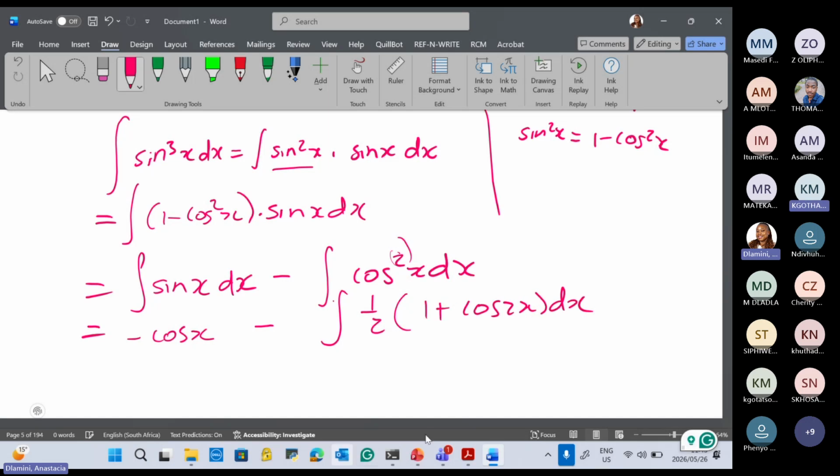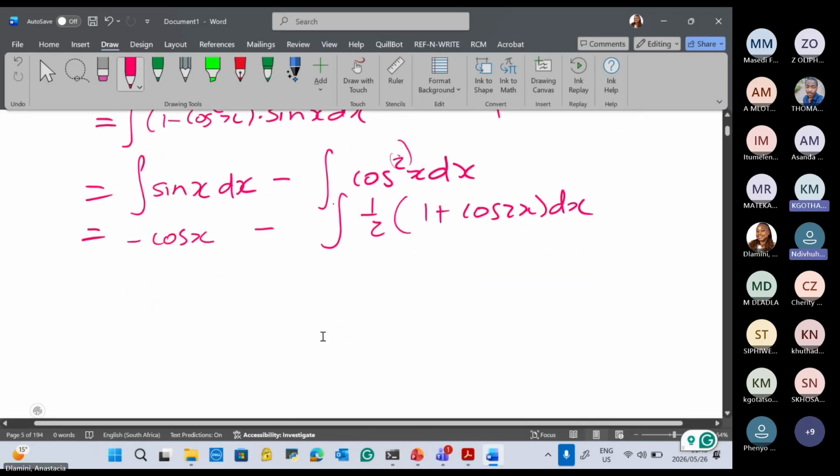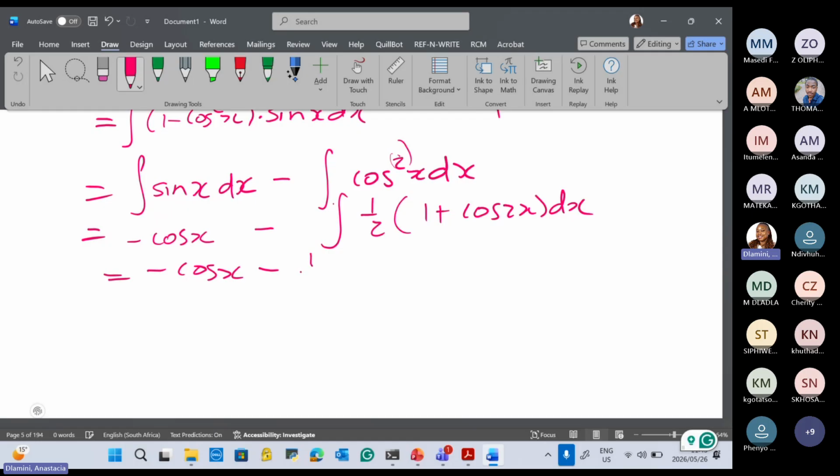Is it 1 plus? Yes, 1 plus. So this becomes minus cos of x minus 1 over 2 integral of 1 dx minus 1 over 2 integral of cos of 2x dx. Can we integrate this one? Yes. Can we integrate this one?